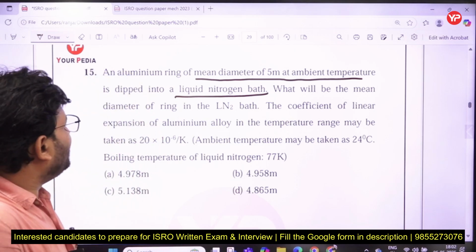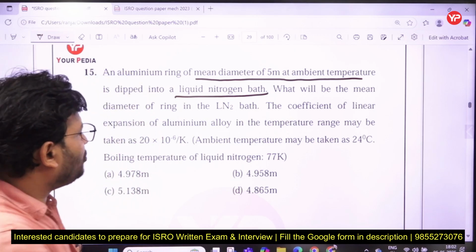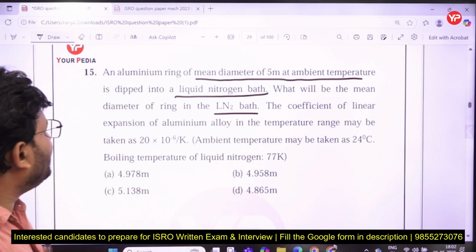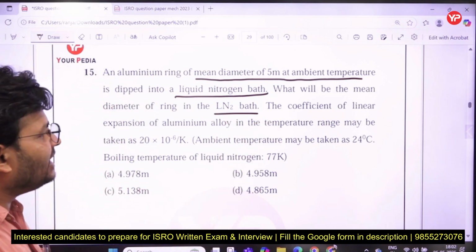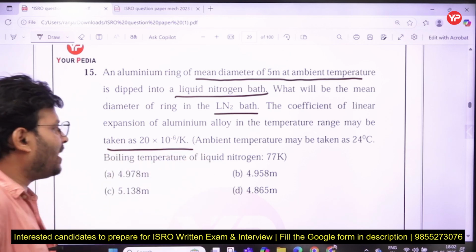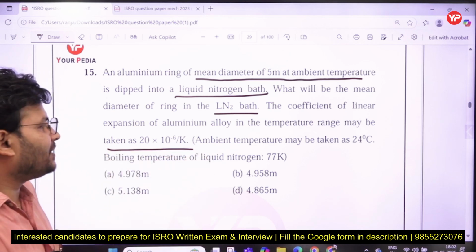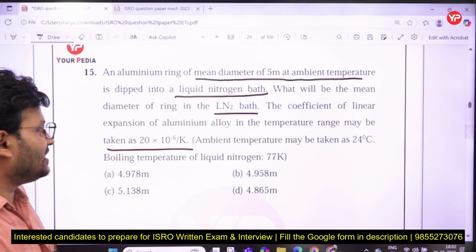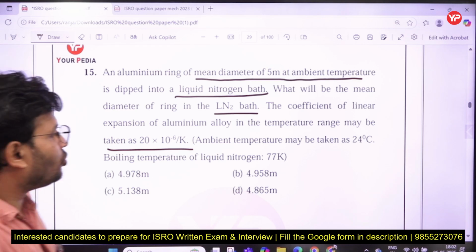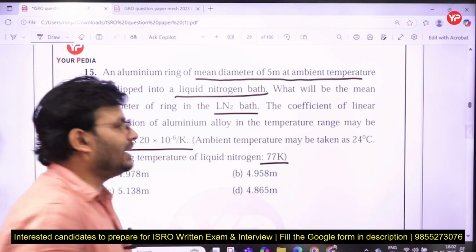What will be the mean diameter of the ring in the LN2 bath? The coefficient of linear expansion of aluminum alloy in this temperature range may be taken as 20 into 10 to the power minus 6 per Kelvin. Ambient temperature may be taken as 24 degrees Celsius. The boiling temperature of liquid nitrogen is 77 Kelvin, and that you have to use.